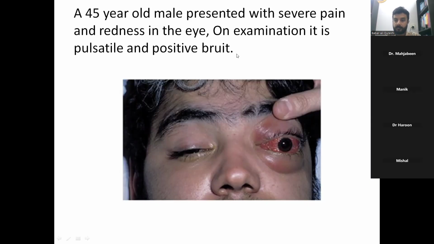Then I will attend a call from endovascular, if there's any procedure like embolization, and after the endovascular procedure, then the surgical procedure.